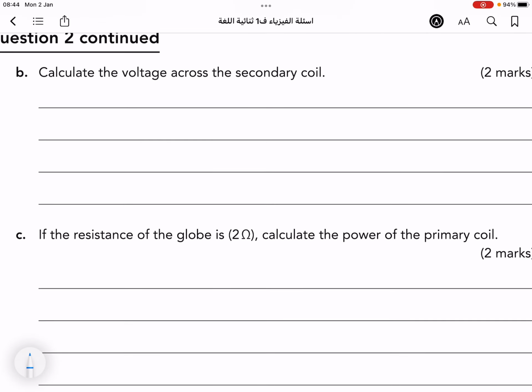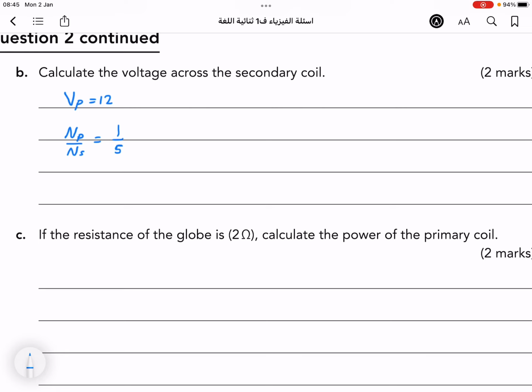Part B, calculate the voltage across the secondary coil. As I said before, in the figure we have VP equals 12, and we also have the ratio NP over NS equals 1/5, as stated before.